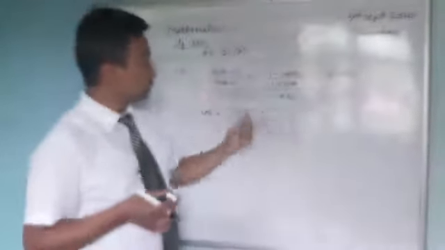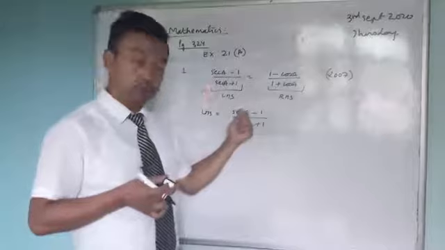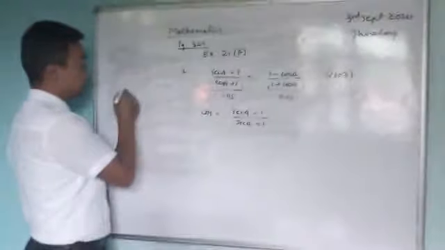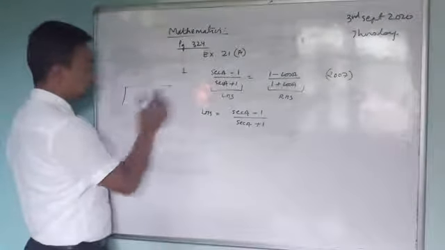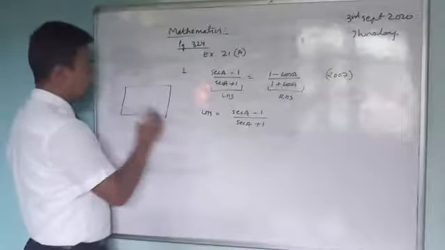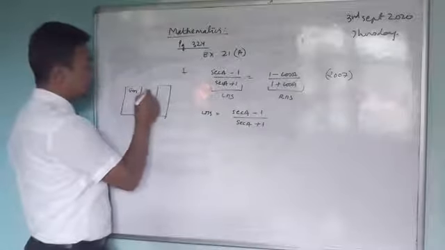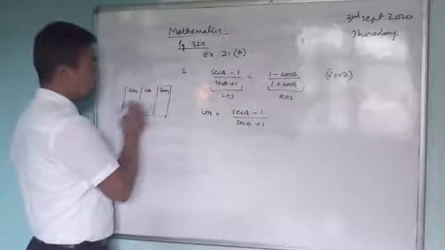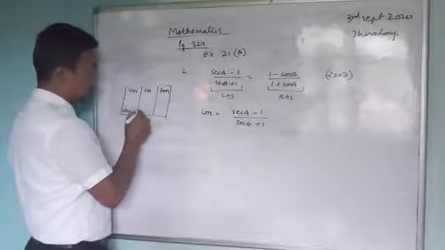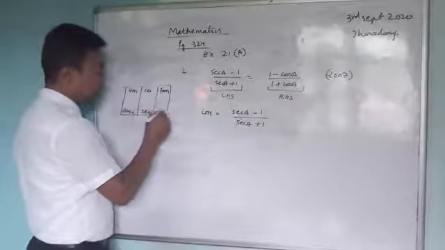If you look at the right hand side, you have cos. So this sec A has to be changed into cos. We have just learned that the table was there. I am doing this quickly. Sine, cos, tan, cosec, sec, cot.